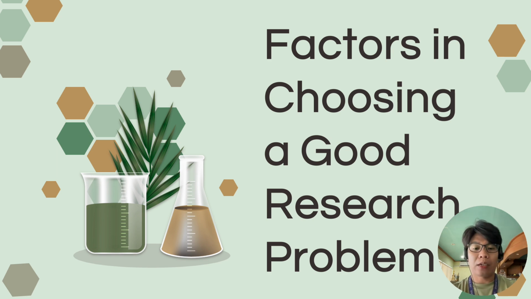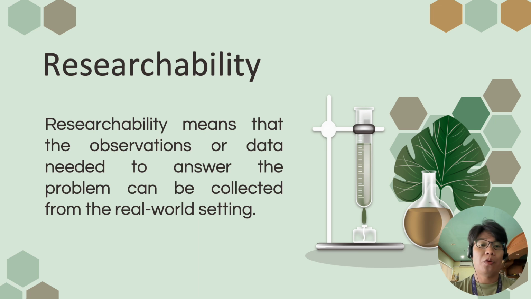And let's proceed to factors in choosing a good research problem. So first, you have to consider its researchability. Researchability means that the observations or data needed to answer the problem can be collected from the real world setting. So this means that a good research problem must be able to be answered through scientific investigation.